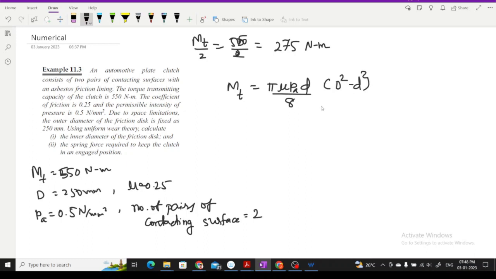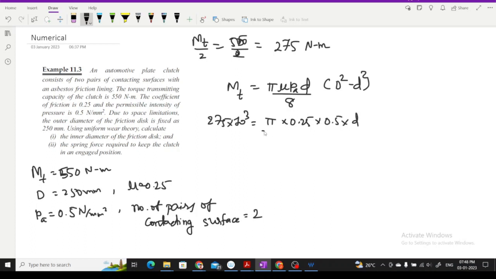So in this equation you have all the data: 275 into 10 raised to 3 is pi, mu is 0.25, p is 0.5.